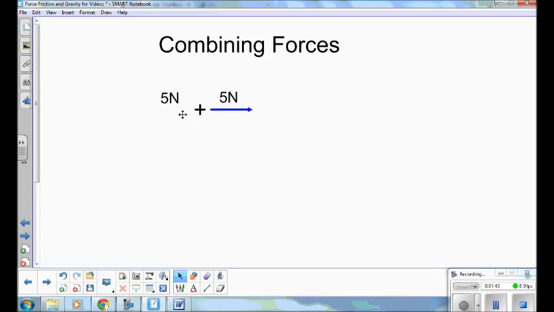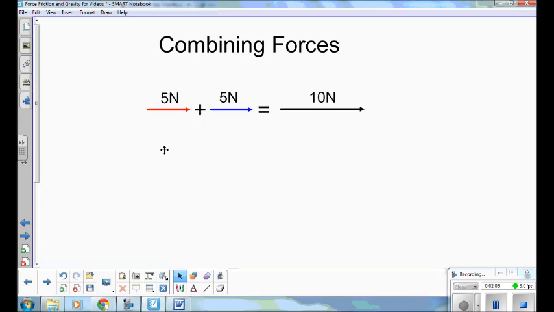Now, if my computer were cooperating with me, there we go. I've got this other arrow here, which is 5 newtons. So I have these two separate forces, and when I add them together, they're literally going to add up. So a 5 Newton force in this direction plus a 5 Newton force in this direction is going to equal a 10 Newton force in the same direction.